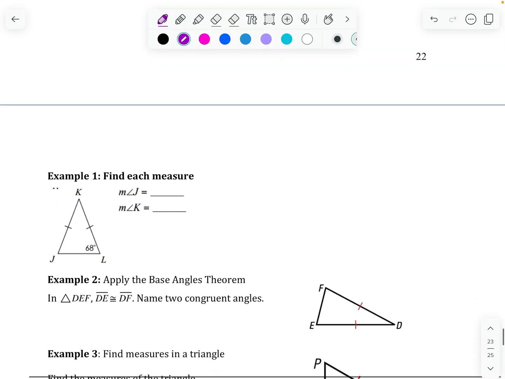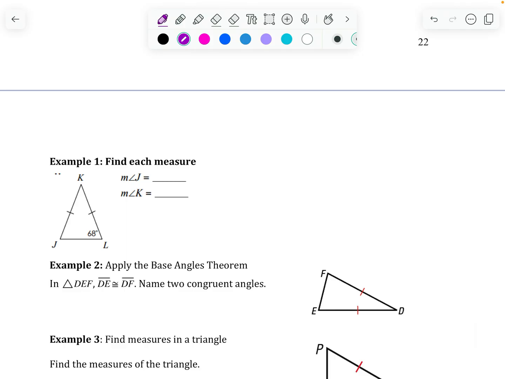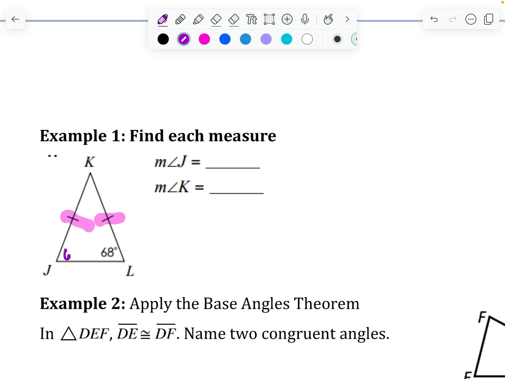Okay? So let's see an example here. We have an isosceles triangle. So in this example, if we know the base angle is 68, then we know the measure of angle J is also 68. The two base angles are going to be congruent. And then we can figure out the measure of angle K because 2 times 68 plus the measure of angle K equals 180.